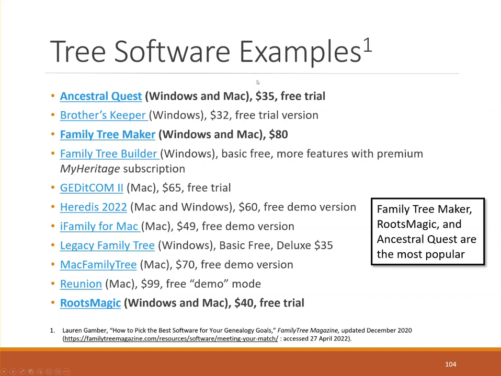In the long run, I think that the cost is minimal when you consider that you're going to be using it a long time and you have a huge investment in this. I selected Family Tree Maker a long time ago. Now that I have about 300 people in my tree with huge amounts of information, it isn't easy for me to switch out.